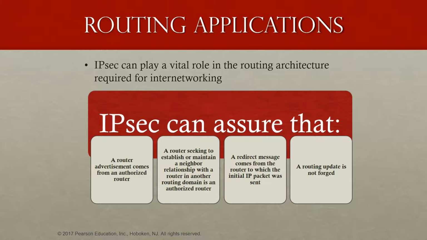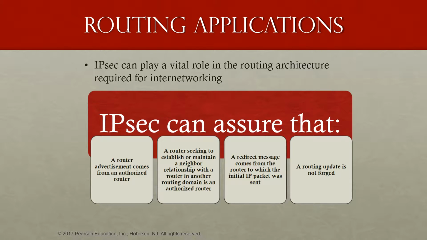IPsec can assure that a router advertisement, a new router advertises its presence, comes from an authorized router. A neighbor advertisement, which is a router seeking to establish or maintain a neighbor relationship with a router in some other routing domain, comes from an authorized router.